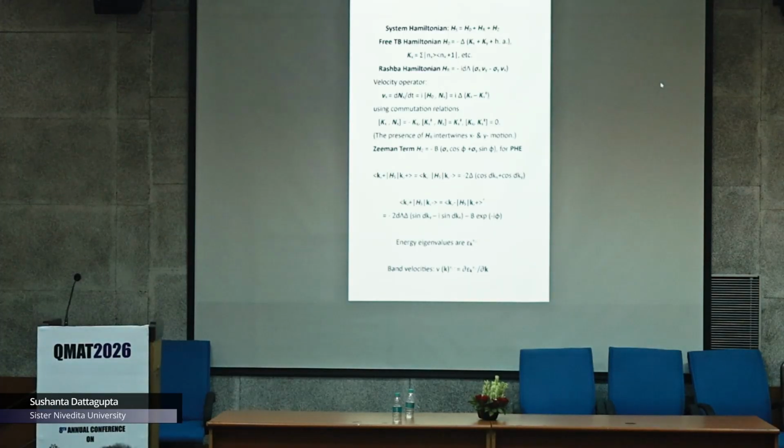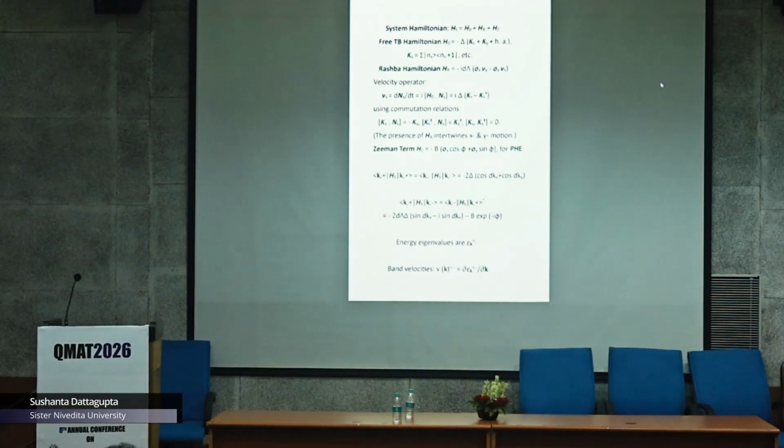You have two different bands, an upper band and a lower band, and you can calculate the matrix elements of the Hamiltonian in the plus-plus state and in the plus-minus state, and they're given here. Therefore, you have two valleys we talked about in the last talk, and you calculate the velocity vector, which is now not the velocity operator that I was talking about earlier.